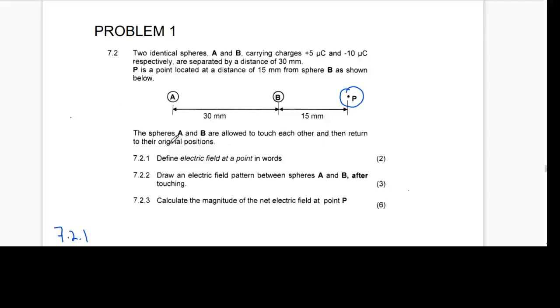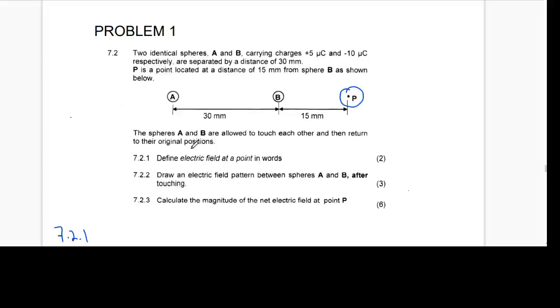Now the spheres A and B are allowed to touch each other and then return to their original positions.